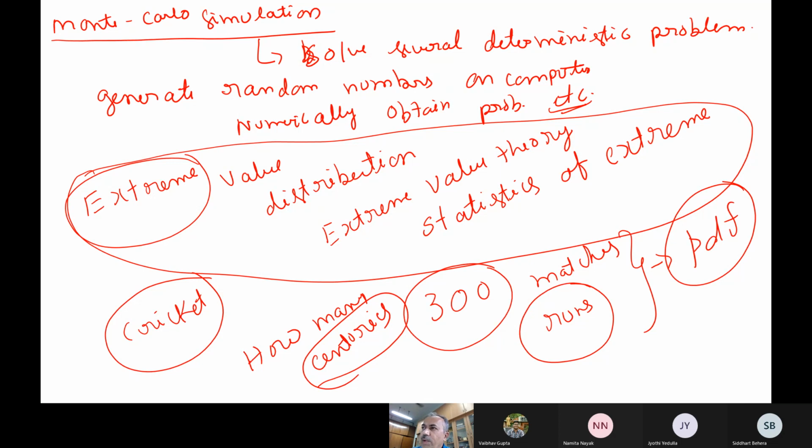How do we find the probability of this cricketer hitting a double century, or similar extremes? Or we may want to find the probability of a magnitude 9 earthquake, which is very large, so these are extremes. How do we handle these types of extremes?